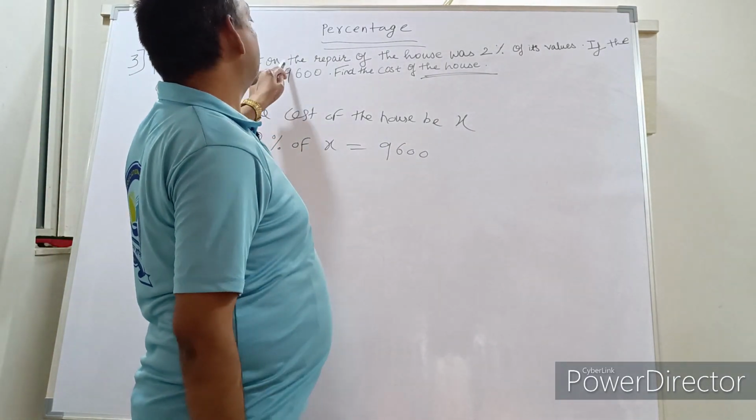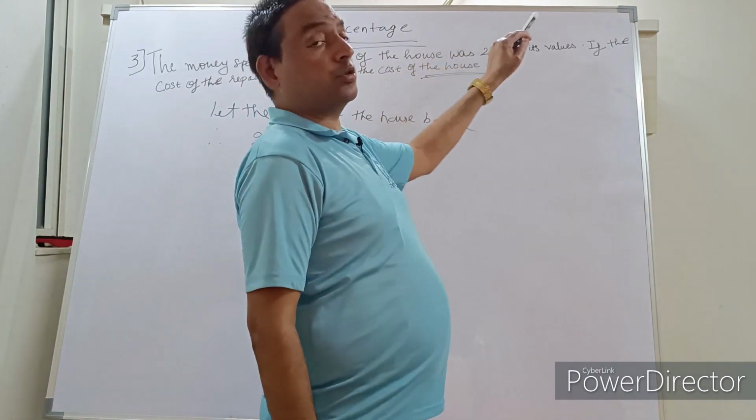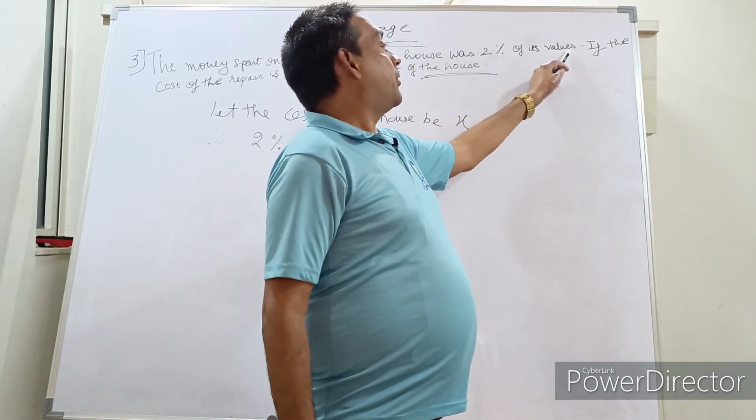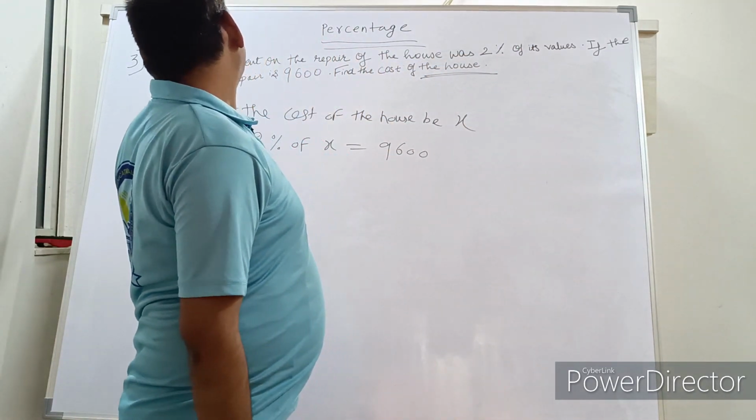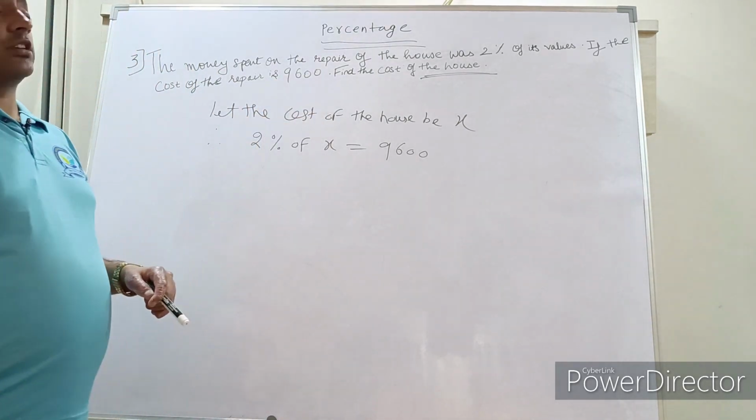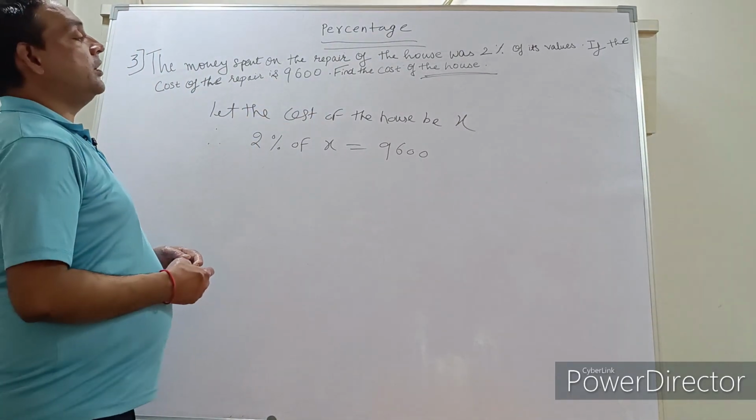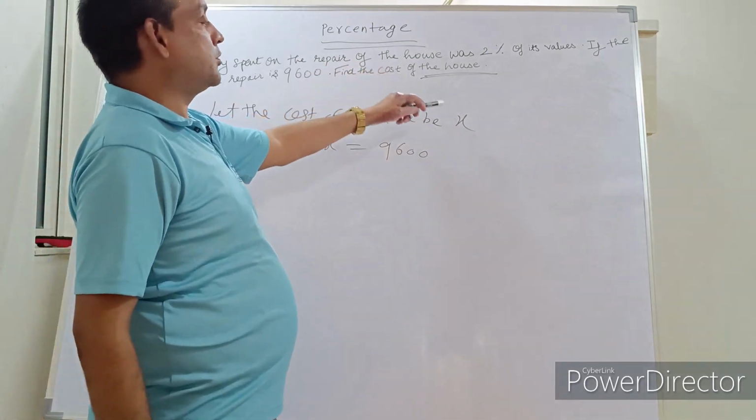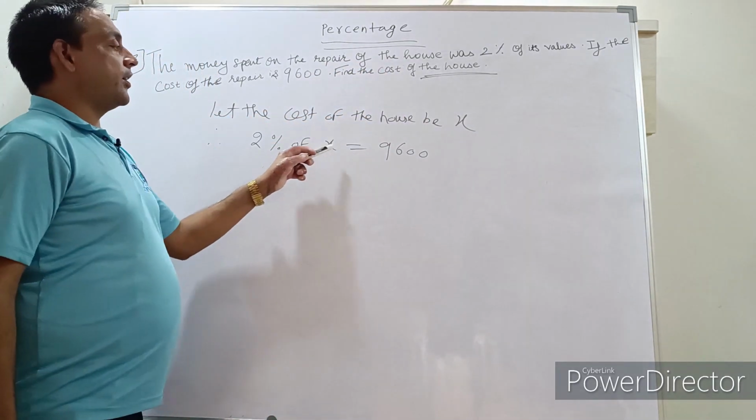The money spent on the repair of the house was 2% of its value. If the cost of the repair is 9,600, find the cost of the house.